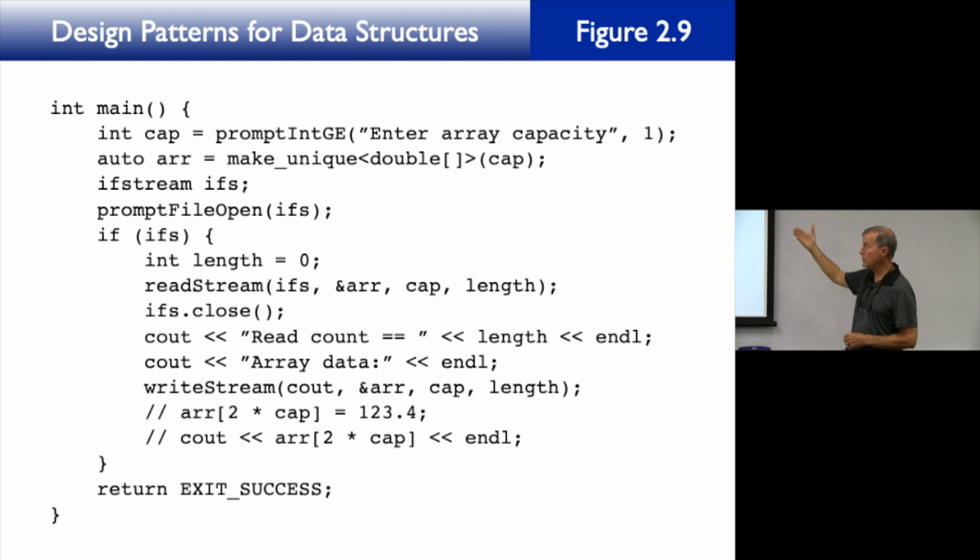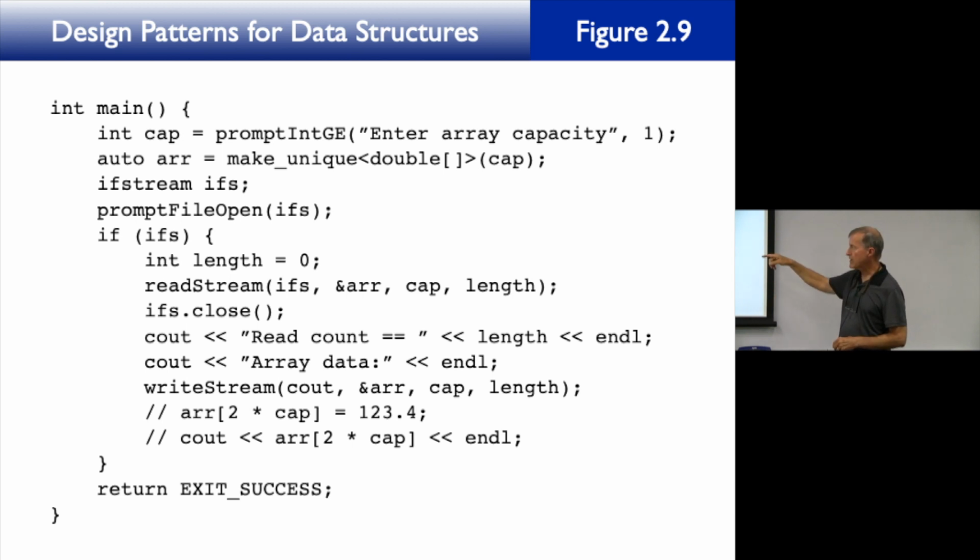We're doing a new array, and then this IFS is the input file stream variable. I don't want to go into the details here. You can look at the code in the project and see how all that works. It's just grubby file stuff that we don't have to worry about.